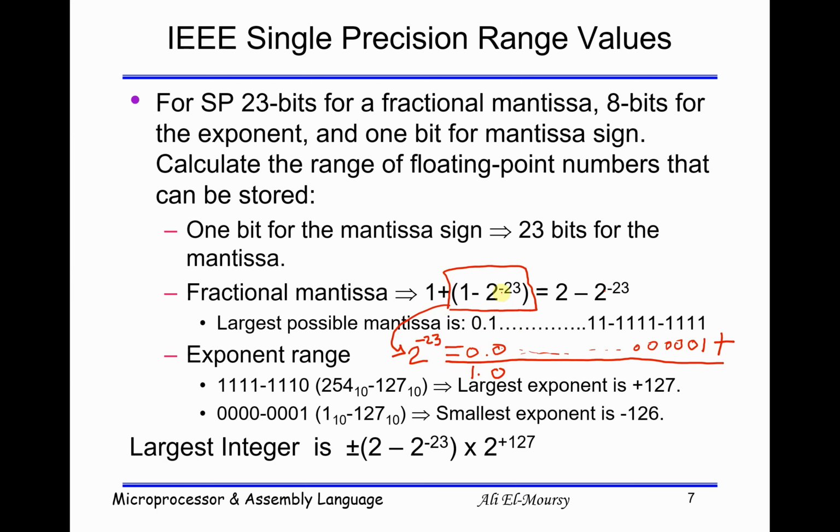Okay, so don't forget that the number is normalized, so that means the largest ever number for the fractional mantissa has 1 plus the largest fraction content. And the fraction content is equal to 1 minus 2 to the power minus 23, so that means it's 2 minus 2 to the power minus 23, which has a value of almost 2, because 2 to the power minus 23 is a very small, infinitesimal component.